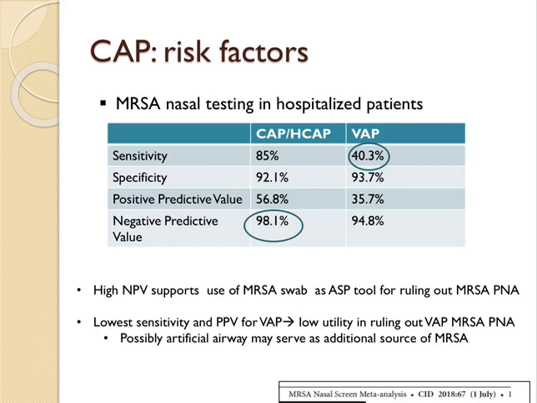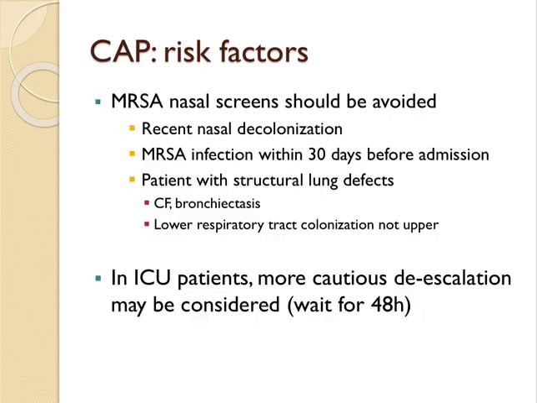There have been several speculations, but one of them is that possibly the artificial airways, such as an endotracheal tube or tracheostomy, can serve as an additional source of MRSA carriage, not necessarily the nares. And remember, there are some patient populations where your MRSA testing by nasal PCR could be suboptimal.